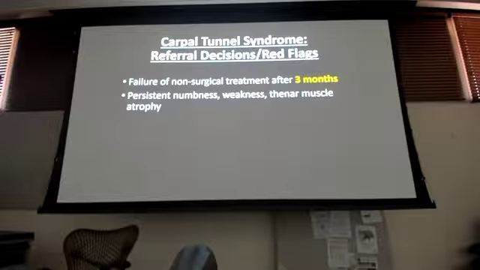After 3 months, you're going to send them to an operative specialty, orthopedic surgery. Does general surgery do these sometimes? There is some general surgery bleed into that, but I teach you just orthopedic surgery because we have the hand surgeons 100%. Make sense?